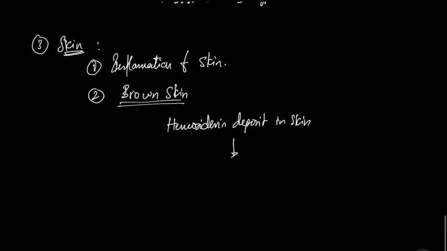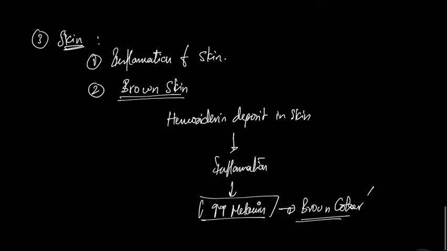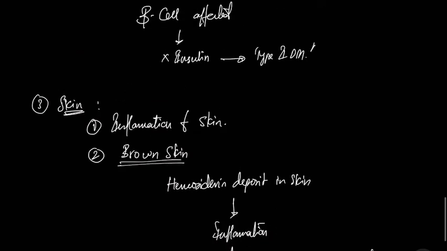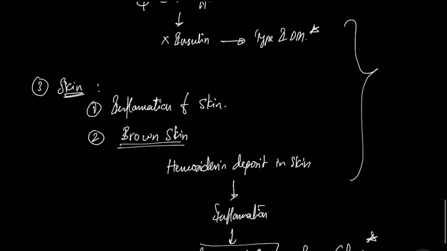All right, which leads to inflammation. All right, which leads to increase in melanin. All right, giving rise to the brown color. All right, now because of this brown color and this type 1 DM, these two are collectively called, or this condition is called bronze diabetes.